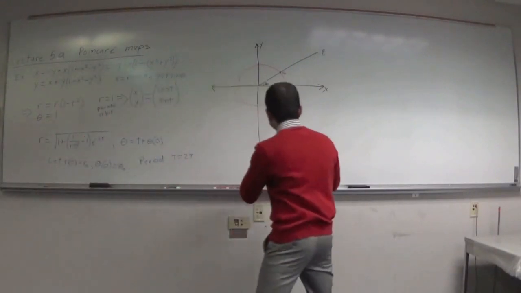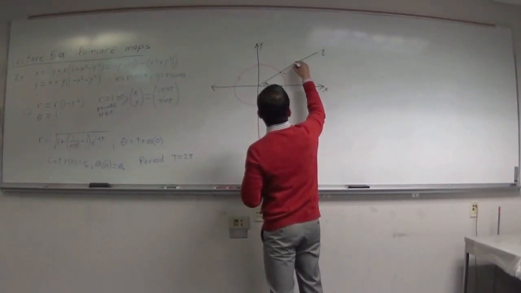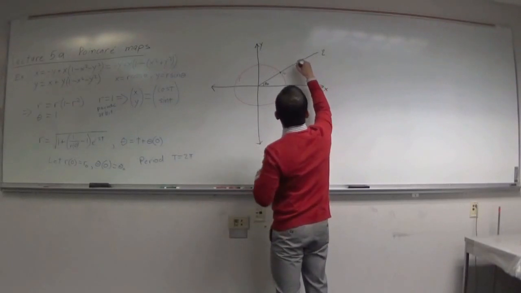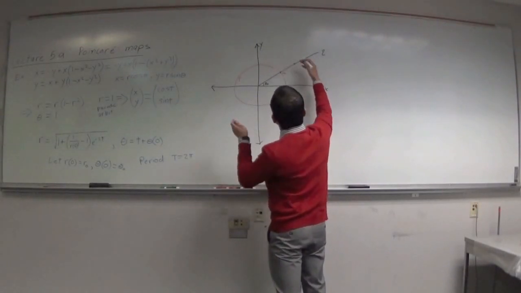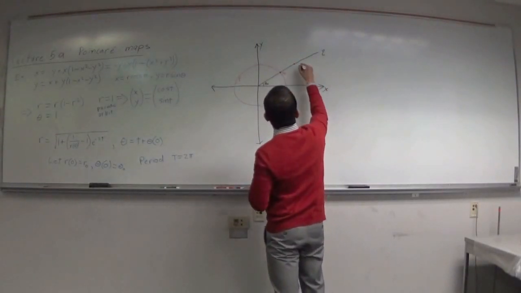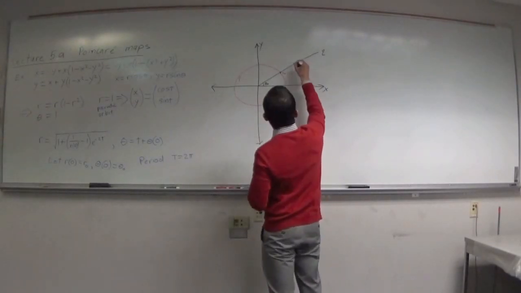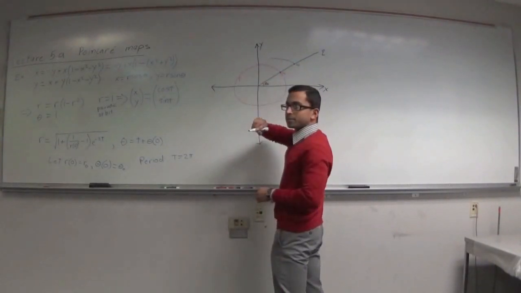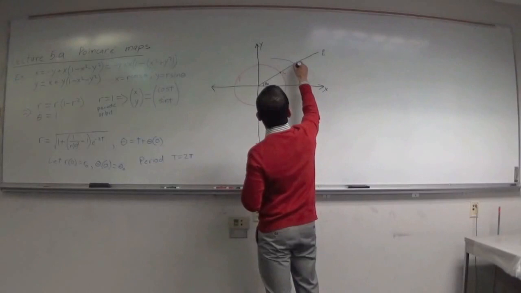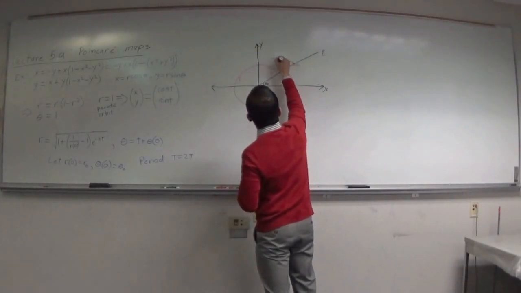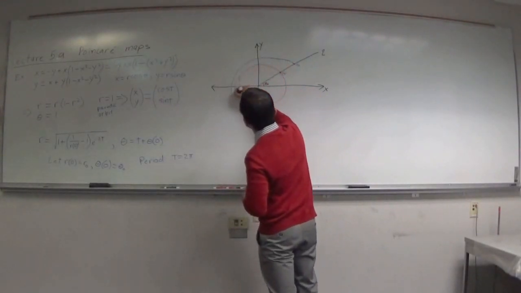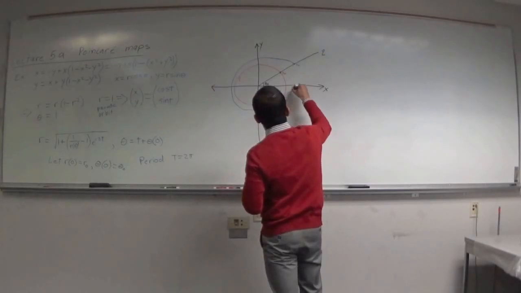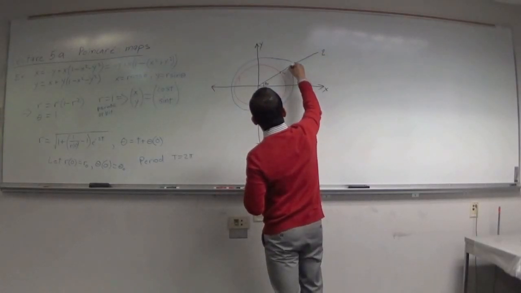So let's take a point here. Let's pretend this is a small ball, but we're magnified. So let's take some x naught here, and we want to flow this around, but we're going to flow it around for 2 pi. So it's going to hit, say, here.